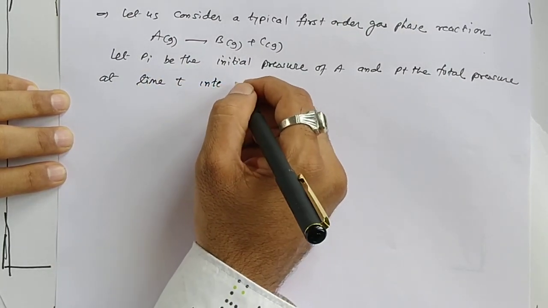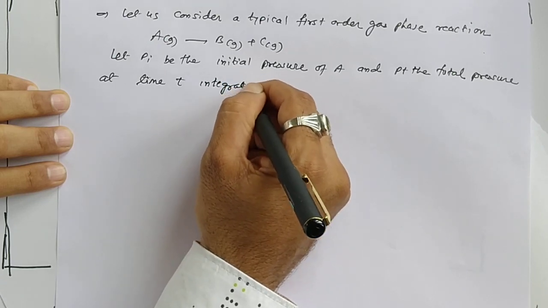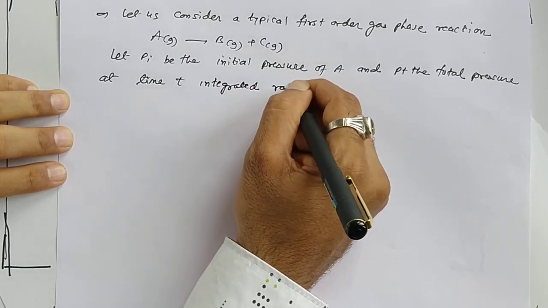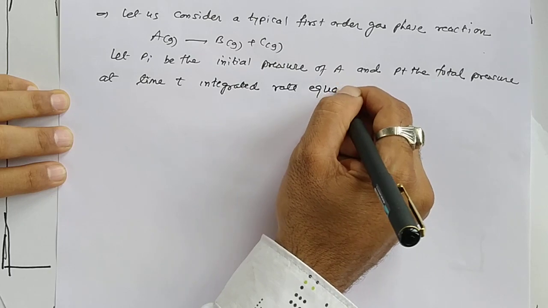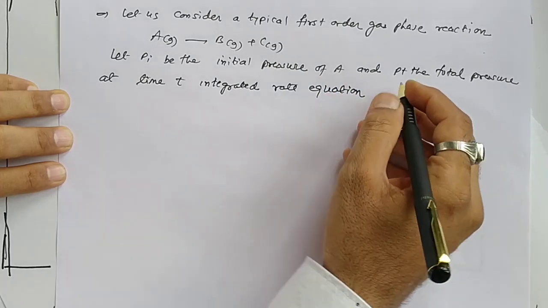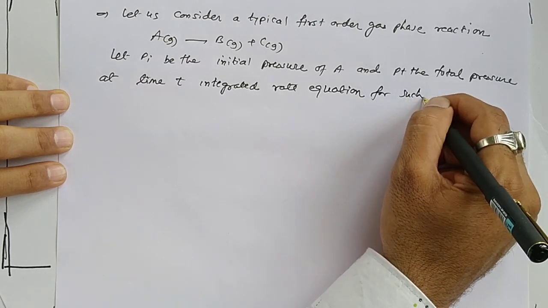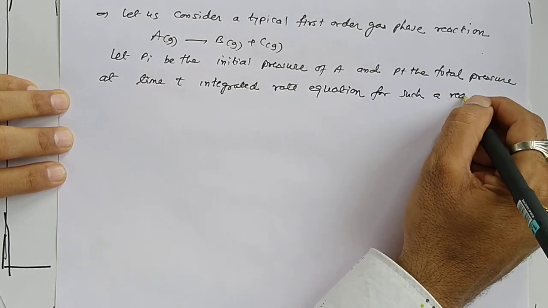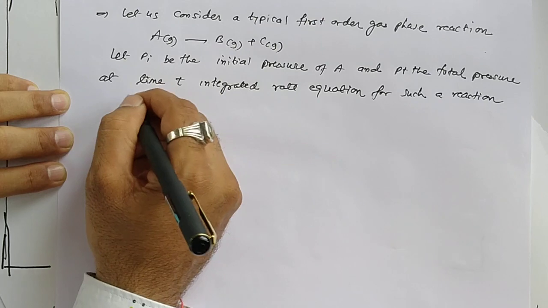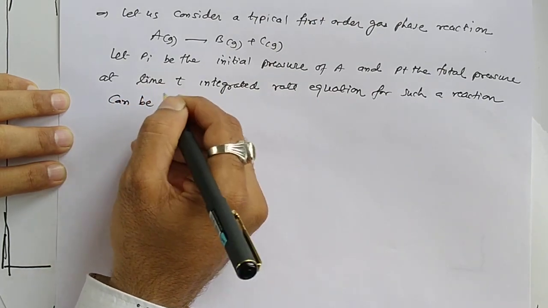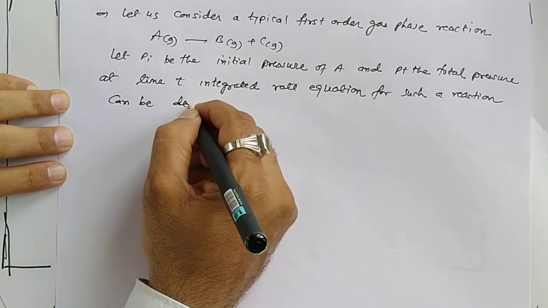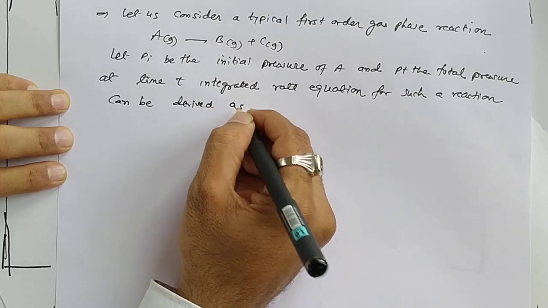The integrated rate equation we discussed in our last lecture, the same, for such a reaction can be derived as follows.